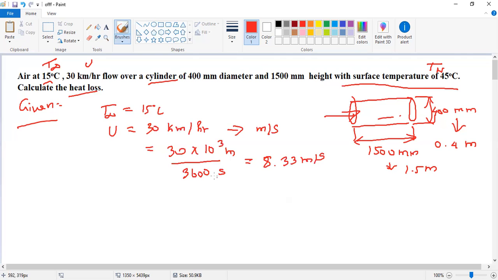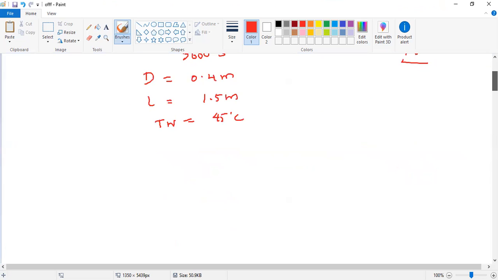Okay, then diameter is also given, that is 0.4 meter, we already found the conversion. And the height, that is the length, is 1.5 meter, and surface temperature is 45 degree Celsius. In any problem we find out the film temperature, so that we can find the properties of air.